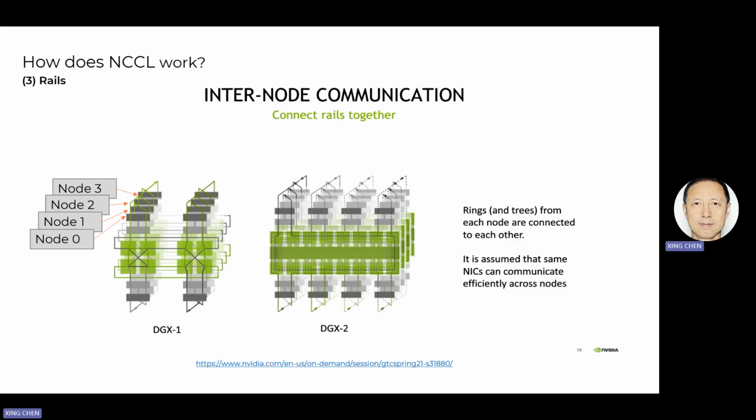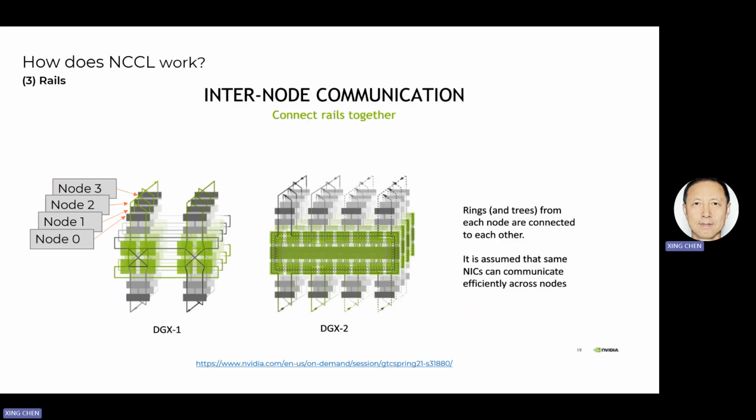We have the graph search based on the per-node topology, and as I said, we have found many rings. So right now you are working with just one node, but the fact is that you want multiple nodes to work together to do the computation.